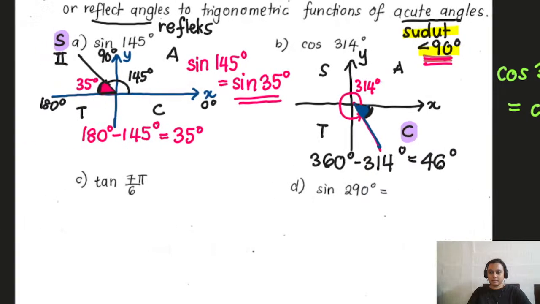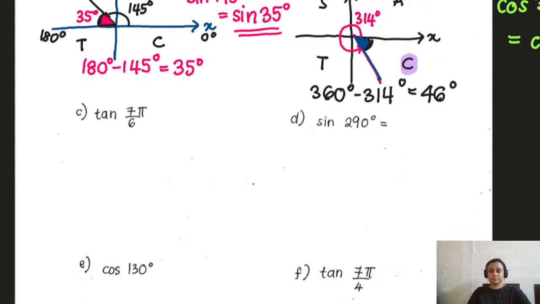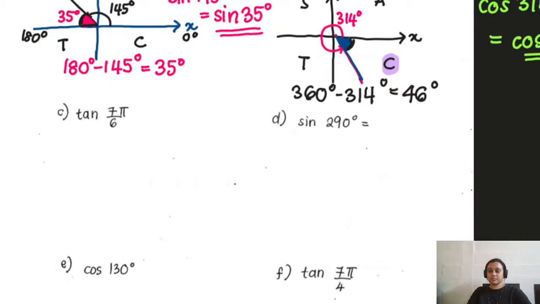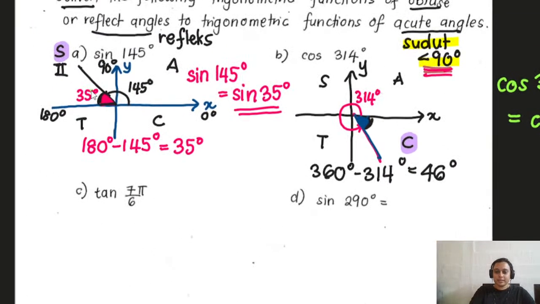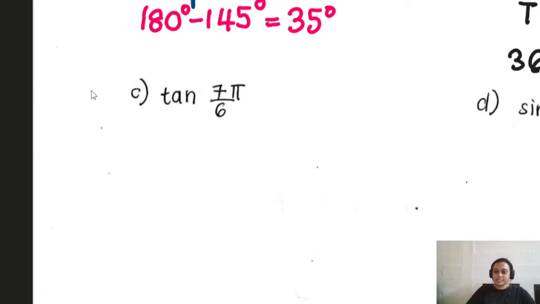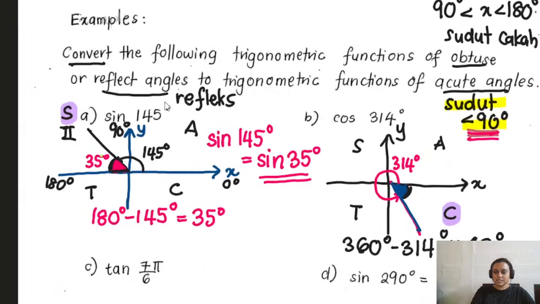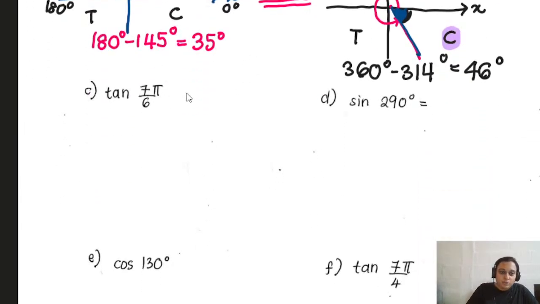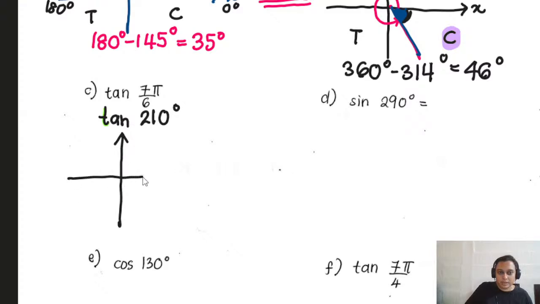Okay, next one. Let's do C, tangent 7/6 pi. Tangent 7/6 pi. 7/6 ni kita tukar dulu. We change first. 7/6 times 180, because pi is 180. So we get 210. So we draw. Kita lukis 210. Where will it be?